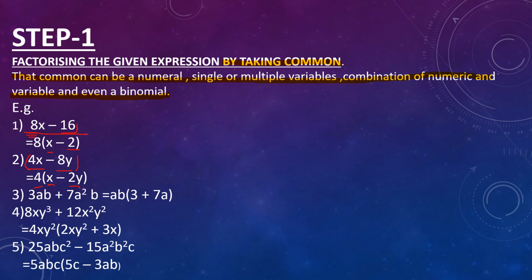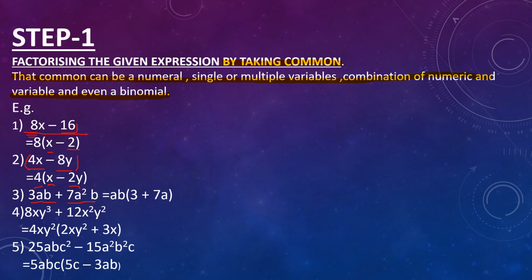Now coming to another example, 3ab plus 7a square b. Now look at the numerics. Numerics present with both the terms are 3 and 7. They both are prime, so nothing is common. So HCF is 1.